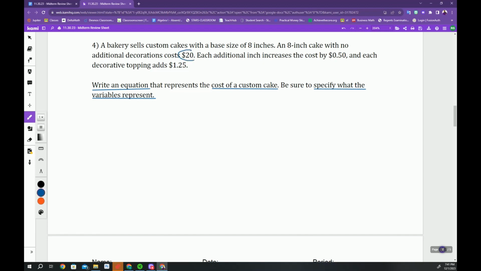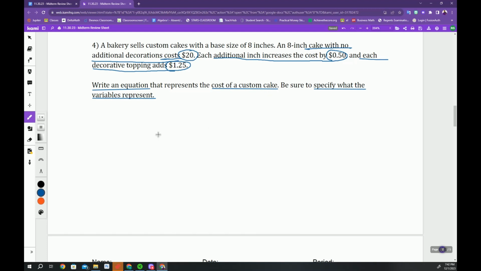Okay, the $20 is for the cake, just the cake with nothing else on it. Each additional inch increases the cost by 50 cents. So that's 50 cents for each inch that is added. And each decorative topping adds $1.25. So each additional topping is another $1.25.